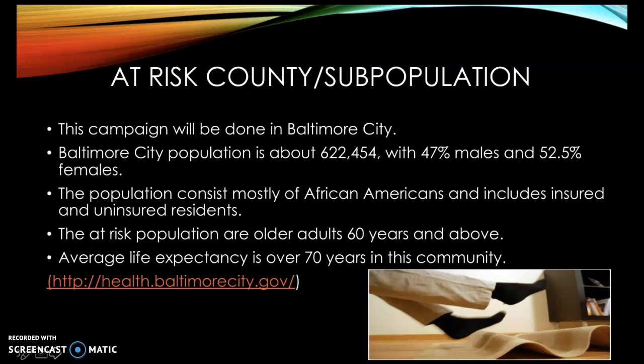The population mostly consists of a majority of African Americans, and the residents are insured and uninsured. The at-risk population also will be older adults from the age of 65 and above. And in this particular area, the average life expectancy, according to the government records for Baltimore City, is about 70 years in this community.